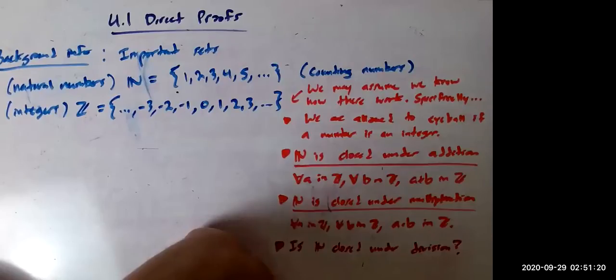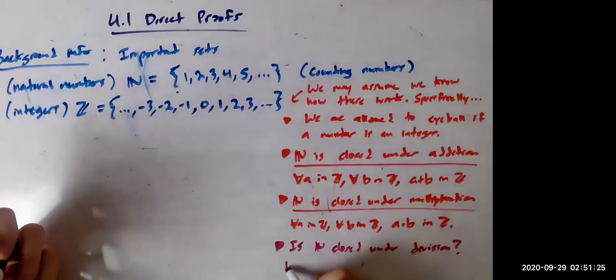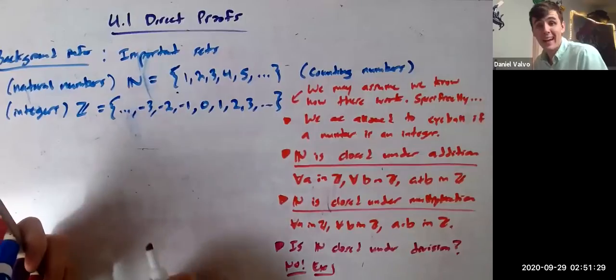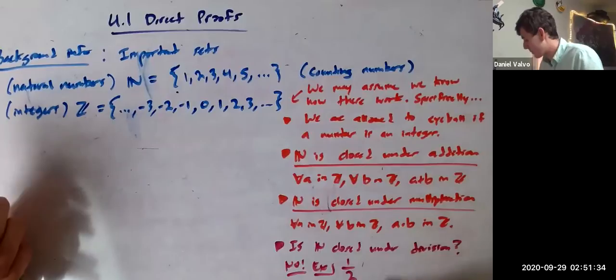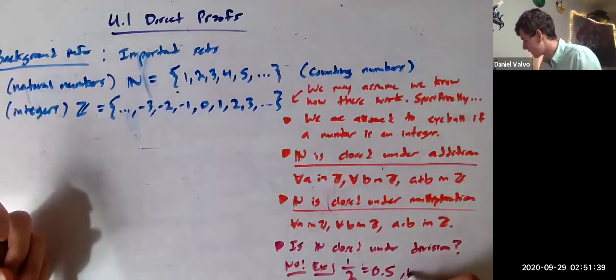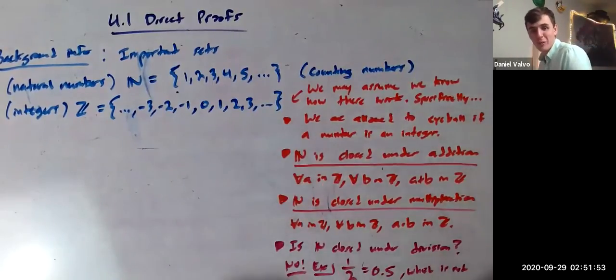Because can't you divide two of them and get like a really long decimal? Exactly, right? Or any decimal? Yeah, it doesn't have to be a long decimal, right? Example, 1 divided by 2 equals 0.5, which is not an integer. And remember, we're allowed to identify integers, right? So we kind of just proved that.